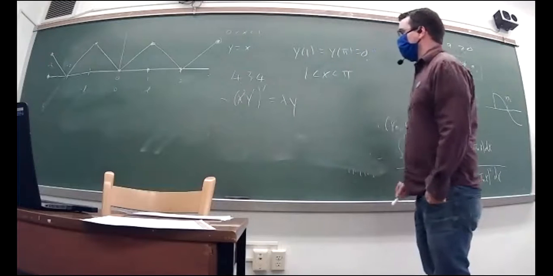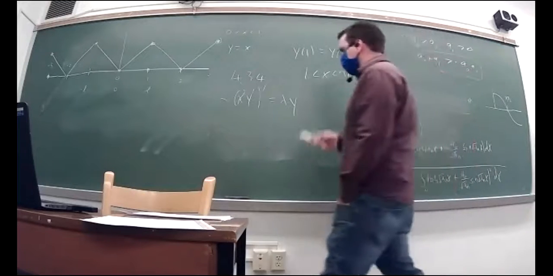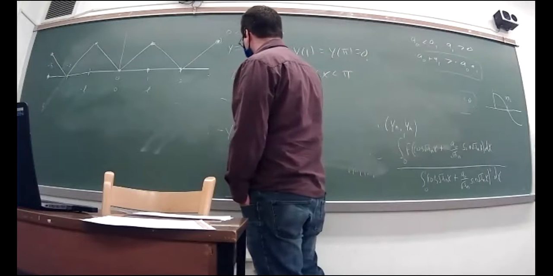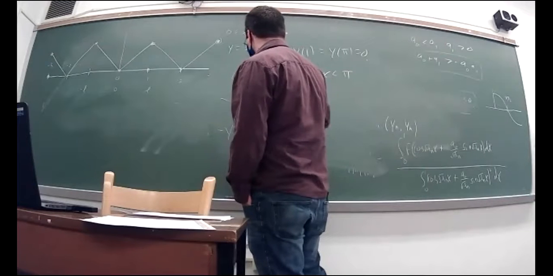You can either use the Rayleigh quotient if you can cite it and remember it, or you can just multiply both sides by y. That's where this comes from anyway.